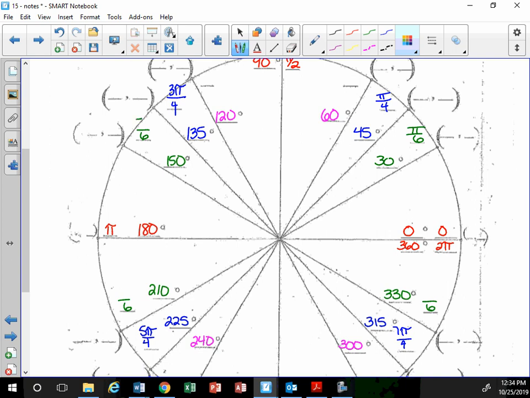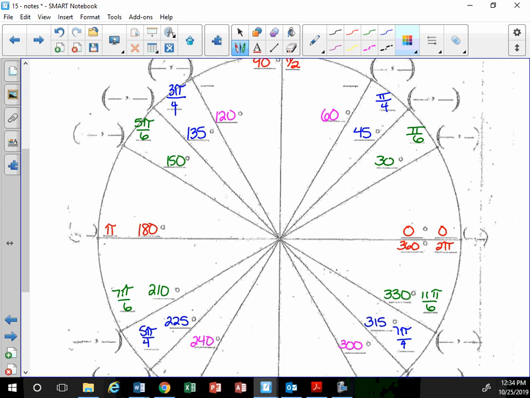I think you get the next one. 7 pi over 6. Good. What about fourth quadrant? 11 pi over 6. Good. How are we doing, guys? We're seeing it? Yes. Okay.